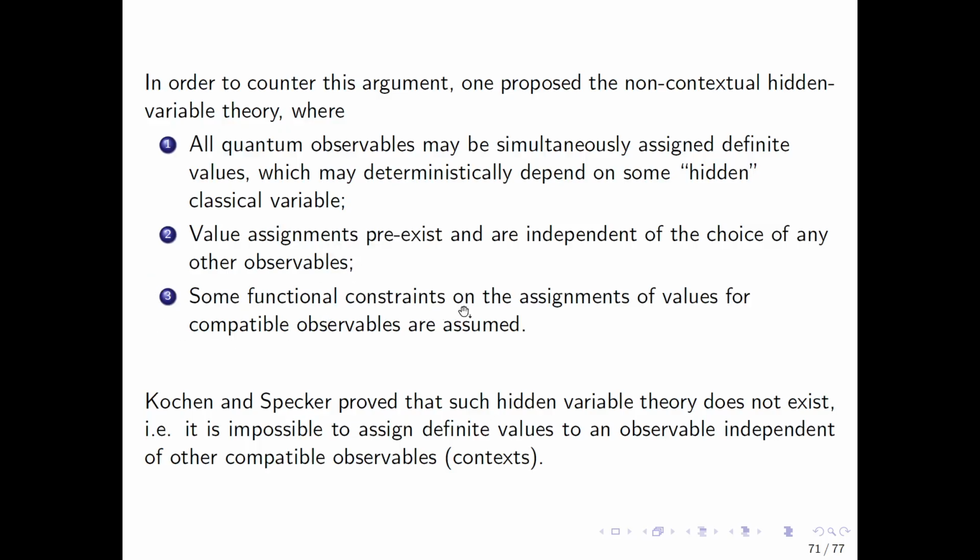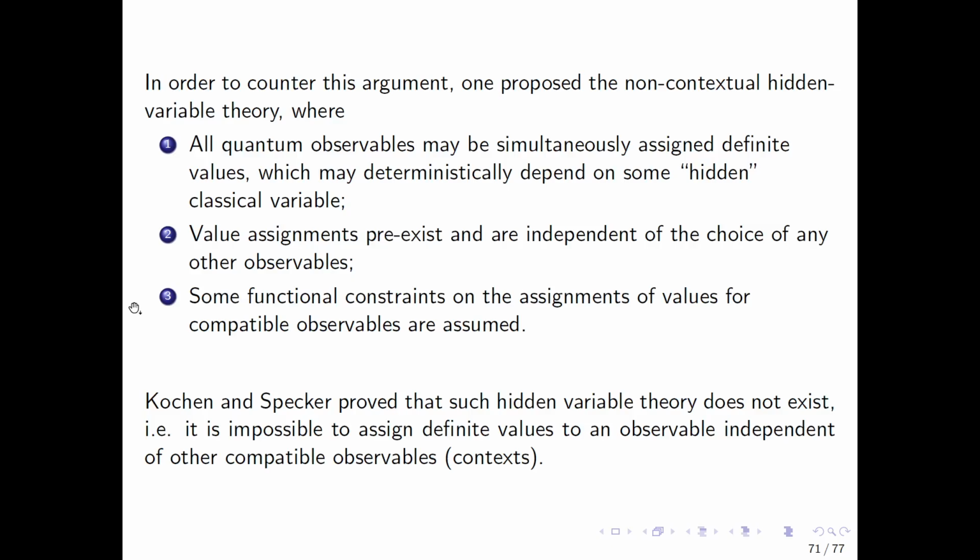Of course there will be some constraints on how you can assign the values, and I think this is important: it needs to be compatible observables. So these constraints are assumed.